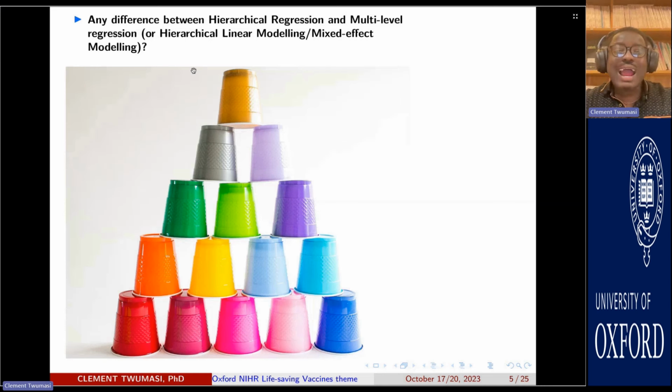If the data is hierarchical in structure, then you use multi-level; the multi-level has to do with the data, not with the model itself. So hierarchical regression talks about nesting regression models, whilst multi-level regression talks about modeling data that is hierarchical in structure. Some people call multi-level regression a hierarchical linear model.